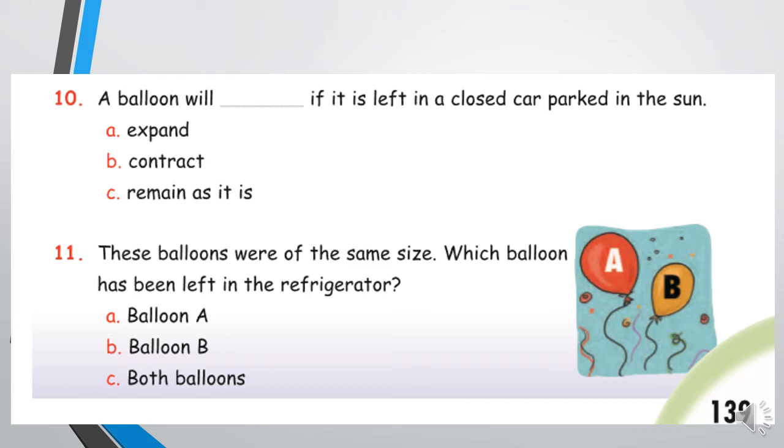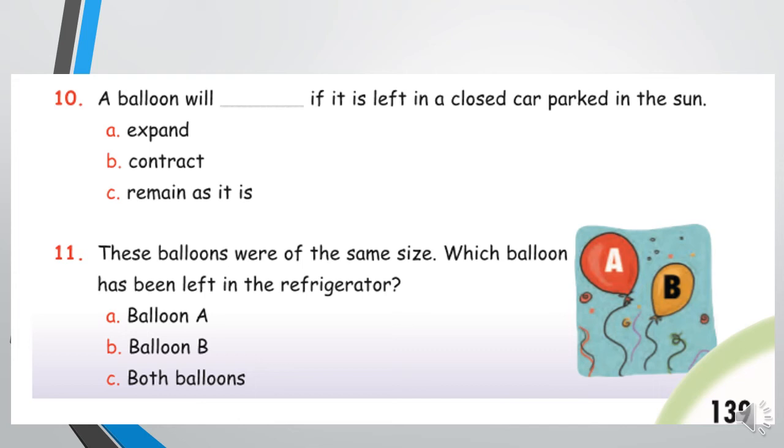The car is heated due to the sun and the balloon also is heated. So what happens to this balloon which is found inside the car? It will expand, contract, or remain as it is. Expand means it increases in size, contract means it decreases in size.